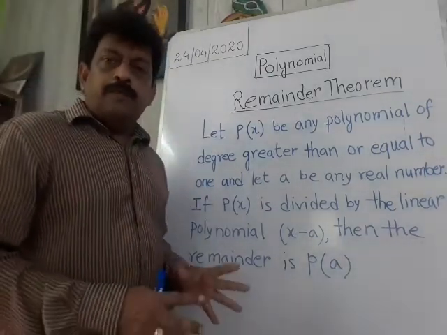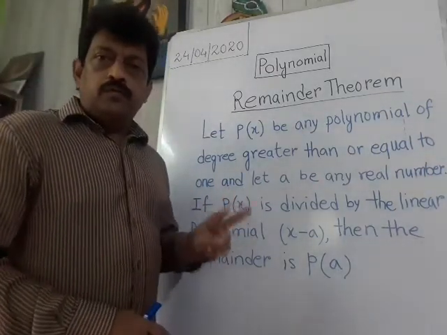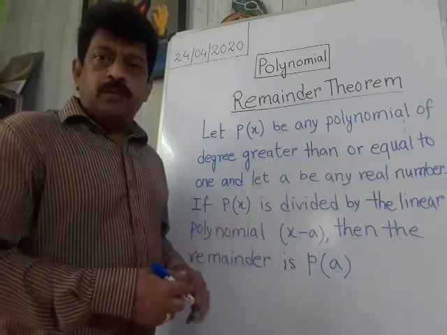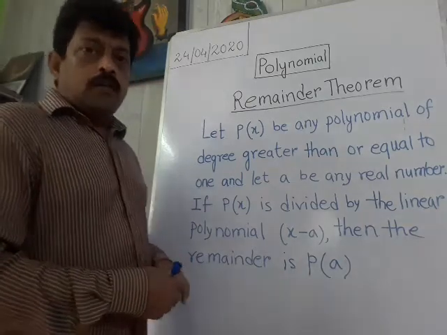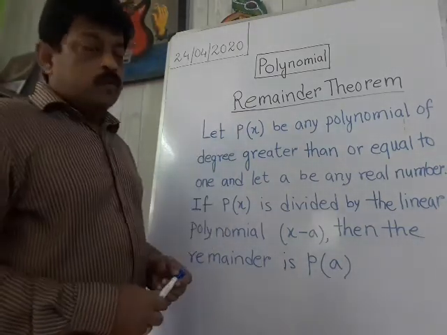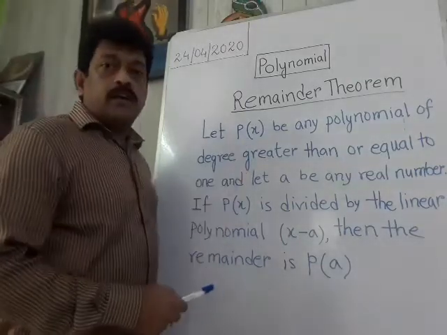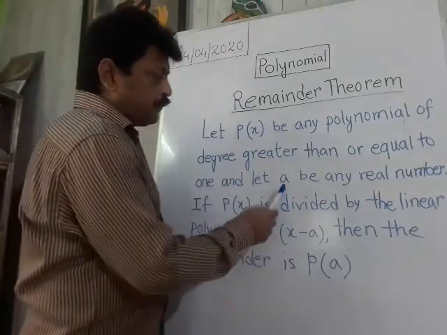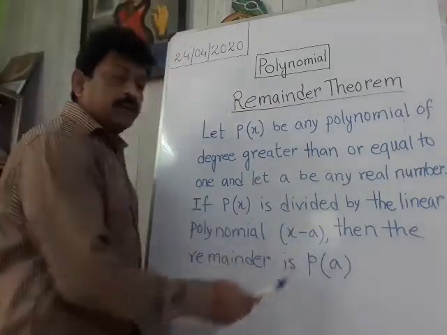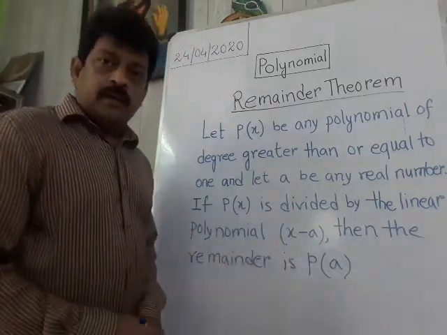Therefore we obtain the remainder in two different ways. One by directly dividing a polynomial with another polynomial, or in the second method, that is the remainder theorem, we have to replace x by any real value a, then also we will get the remainder.